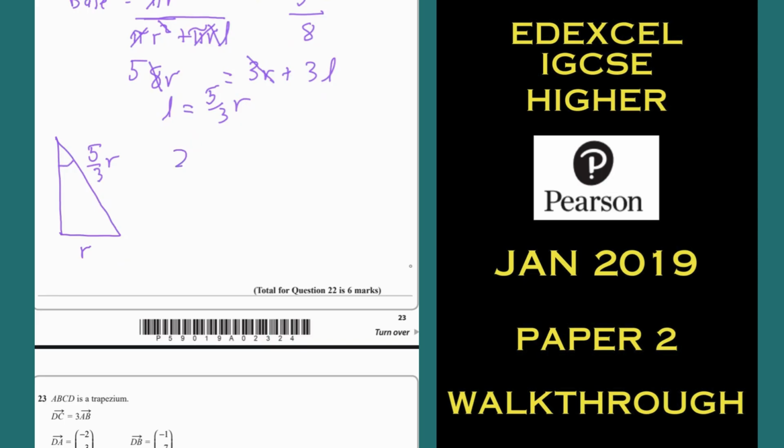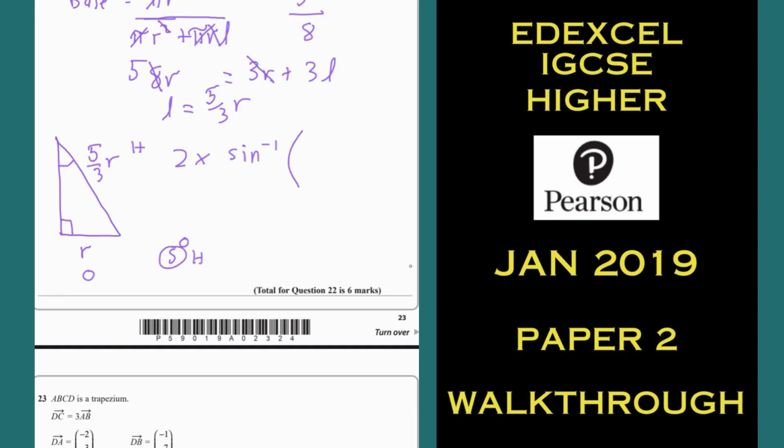So 2 times, now let's focus on the right angle triangle. We've got kind of the opposite and the hypotenuse. So this is a sine. I want the angle, so it's inverse sine.